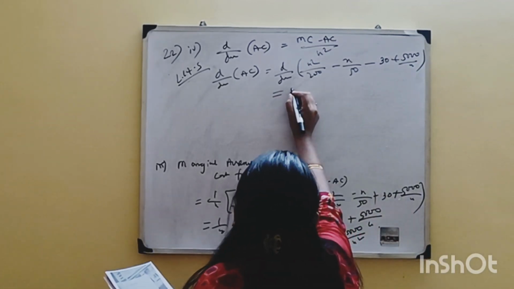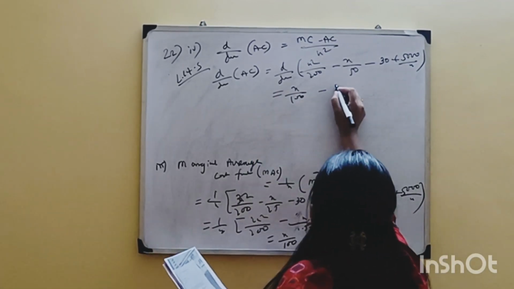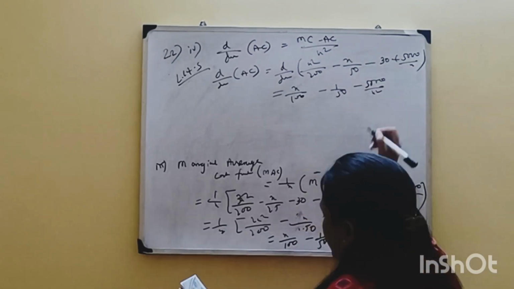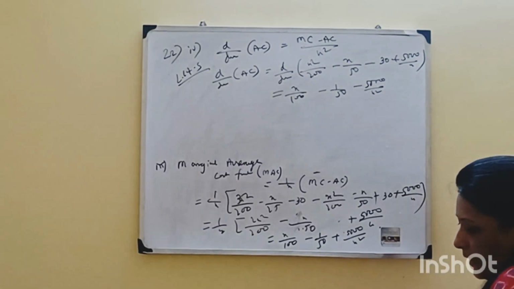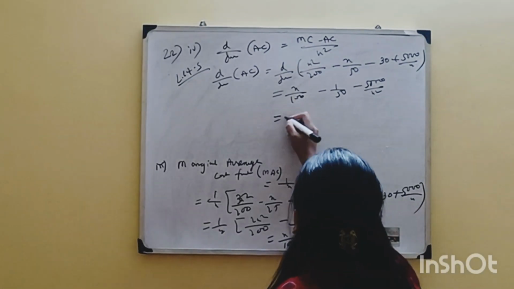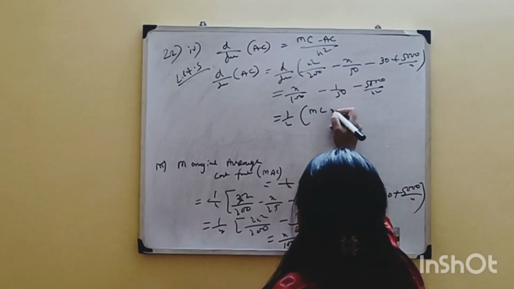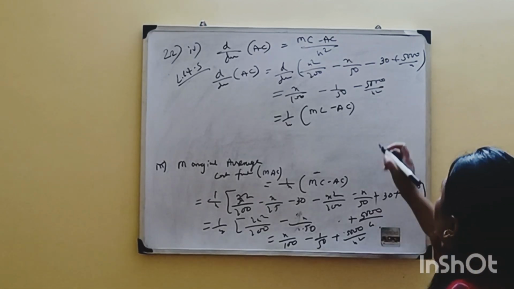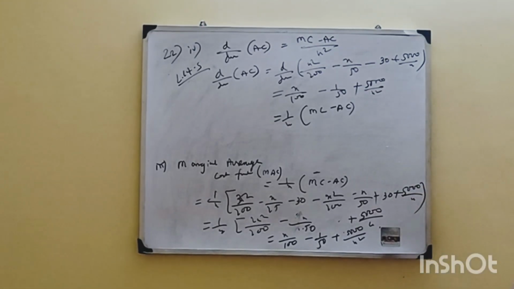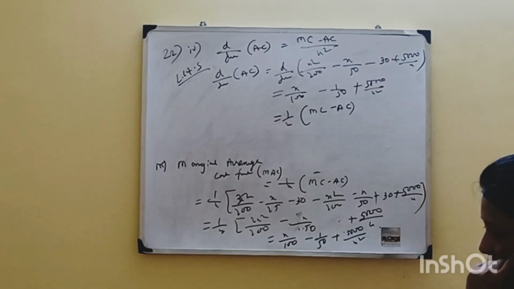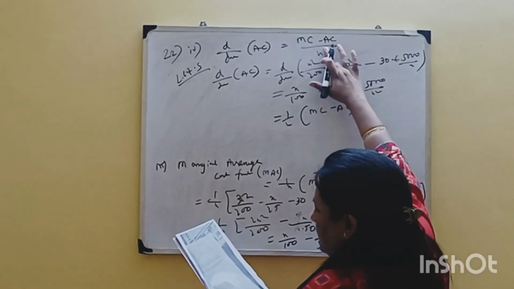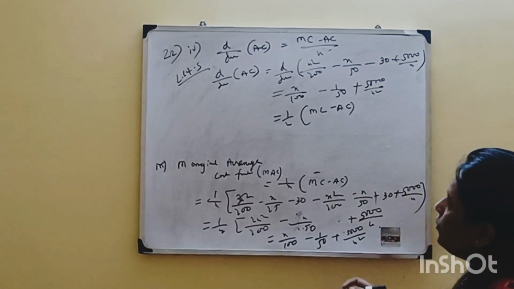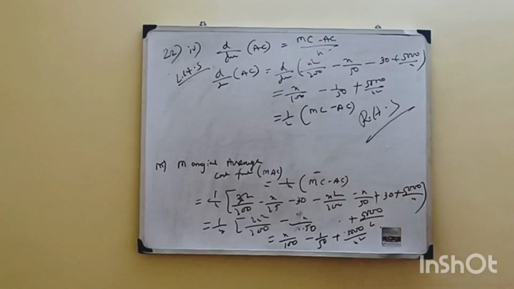It should be x by 100 minus 1 by 50 minus 5,000 divided by x squared. And the answer we got with 1 by x into (MC minus AC) is x by 100 minus 1 by 50 plus 5,000 by x squared. We already got this part in the previous solution. So this is the right hand side. Okay, the proof is done.